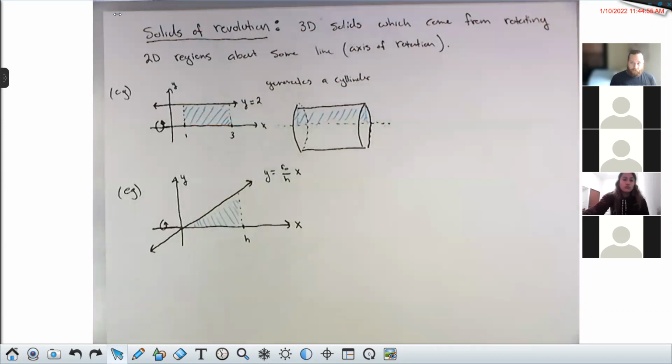This will give you the exact cone that we were working with in the previous problem.